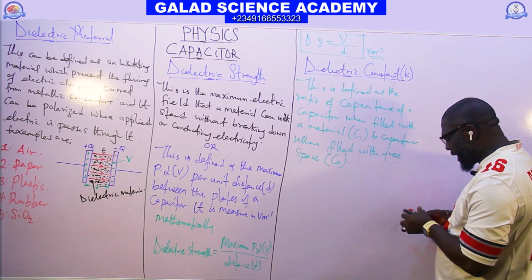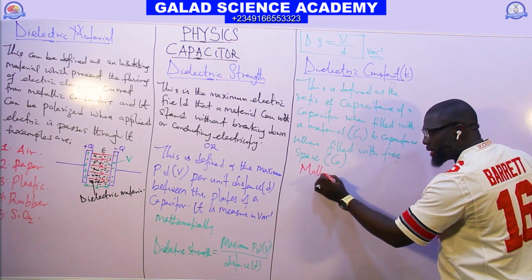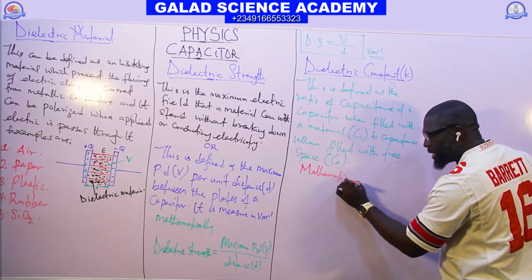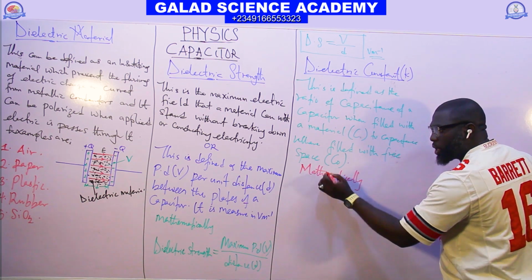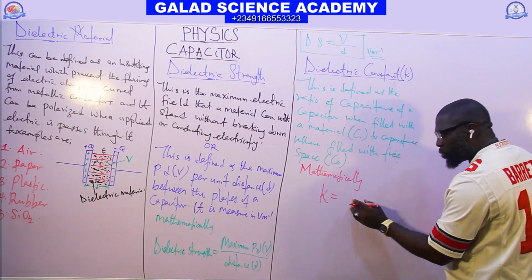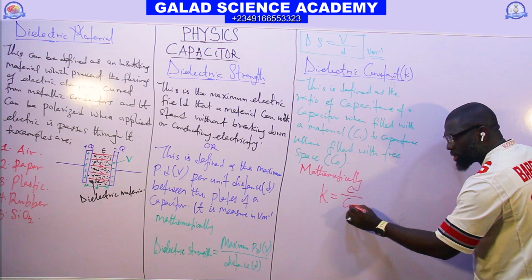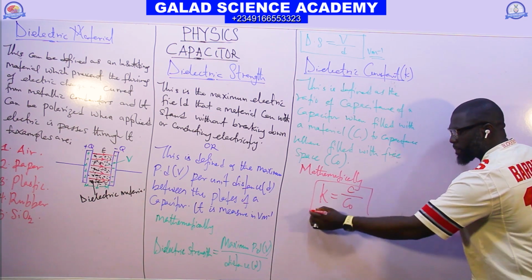So mathematically, we are going to have K equal to the ratio of C over C naught.